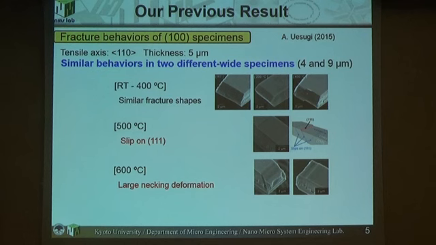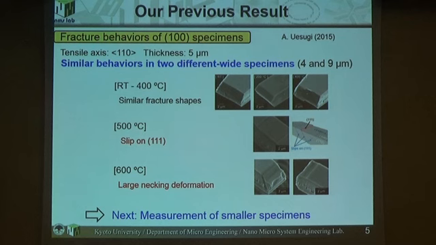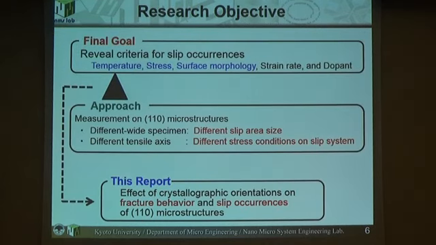So in this research, we focused on this temperature, on structures a few micrometers thick and wide, studying the fracture and slip behavior of 110 oriented silicon wafer. The final goal is to reveal criteria of slip, temperature, size, surface morphology, and so on.